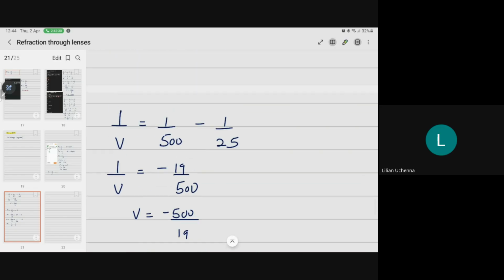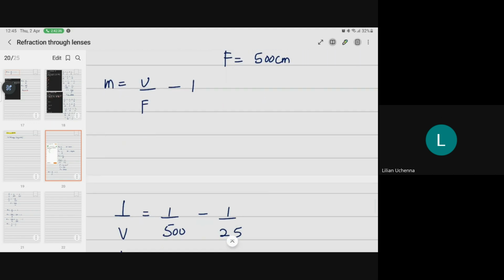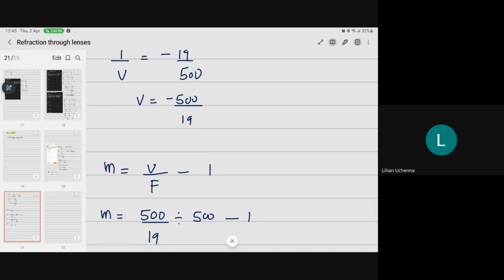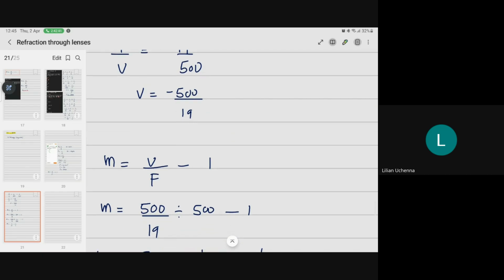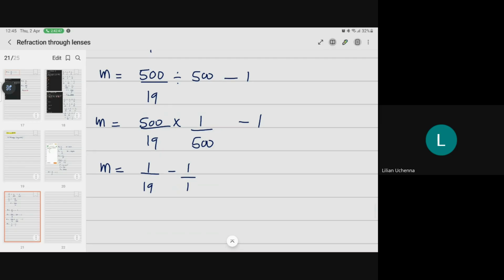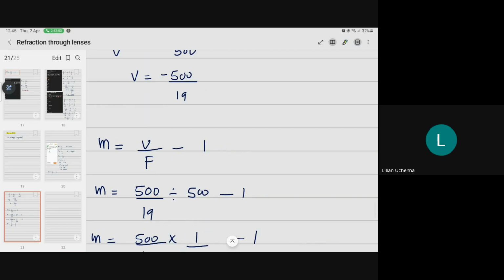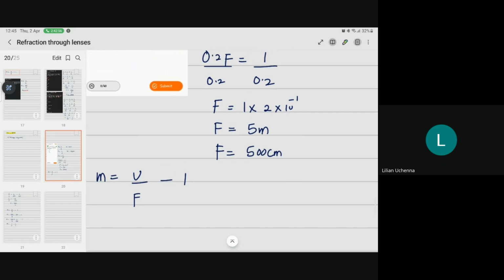Is my answer in the options at all? Or even if I use my negative value, I'll have minus 1 over 19 over 1 multiplication. All right. Oh boy.